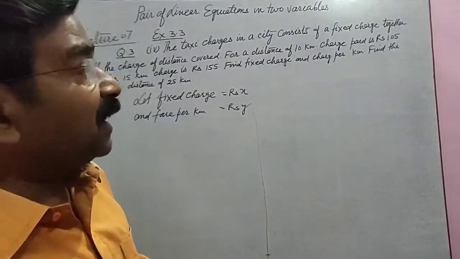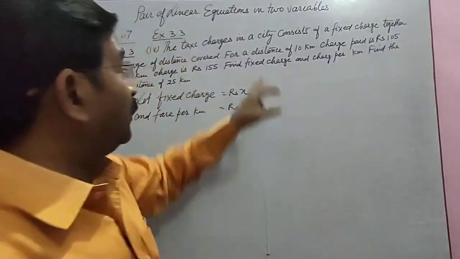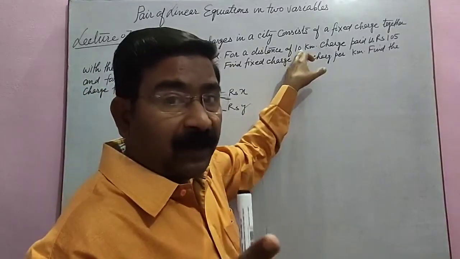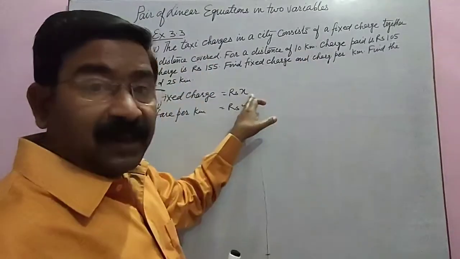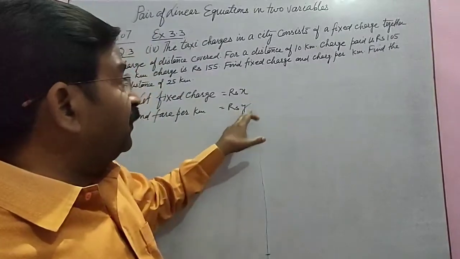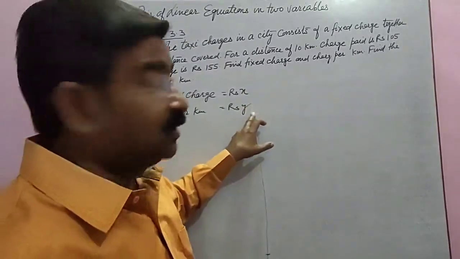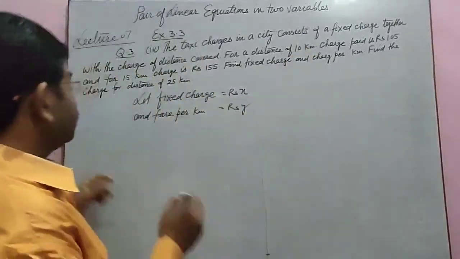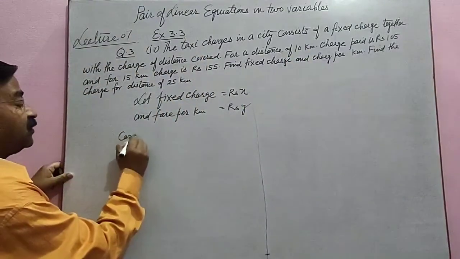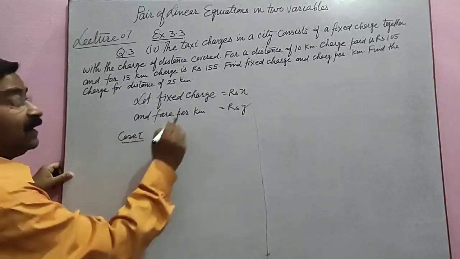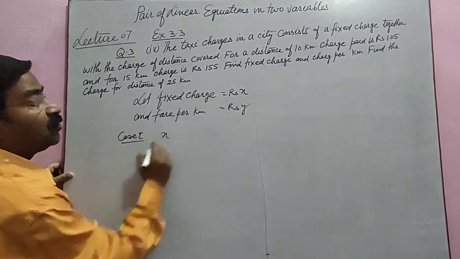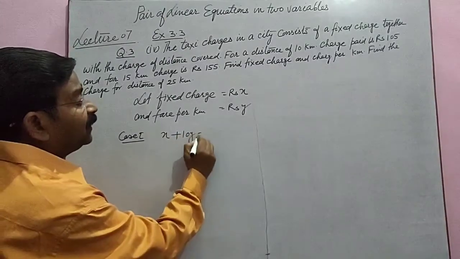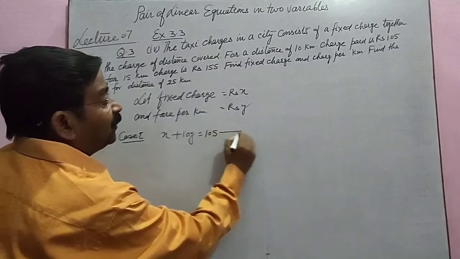If a person hires a taxi and goes a distance of 10 kilometers, he will have to pay X rupees fixed charge and for every kilometer Y rupees. So for 10 kilometers, 10Y. So in the first case, we have X rupees fixed charge plus 10Y is equal to the total fare 105.